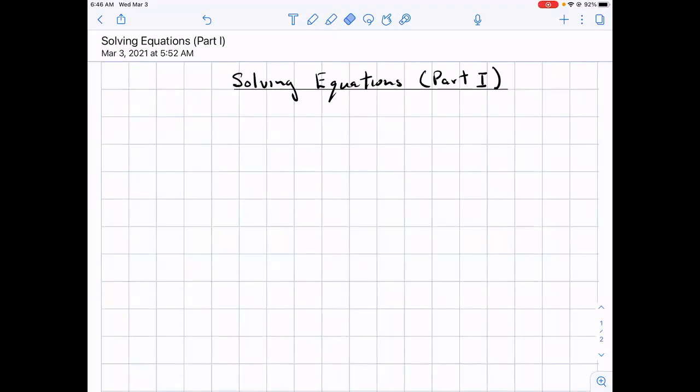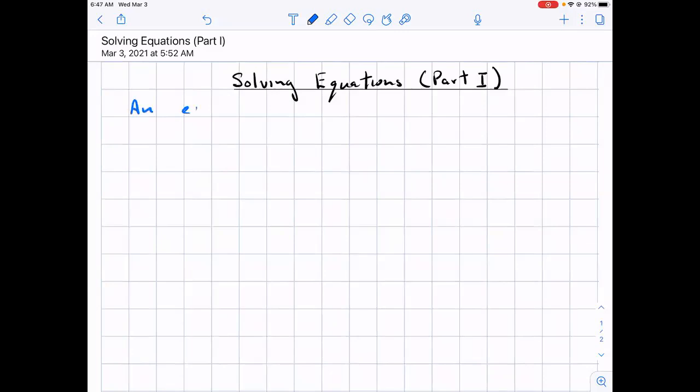So what is an equation? An equation in X, because there can be more than one variable or different variables in an equation. An equation in X is a statement that two algebraic expressions are equal. Okay, so let's just write that down.